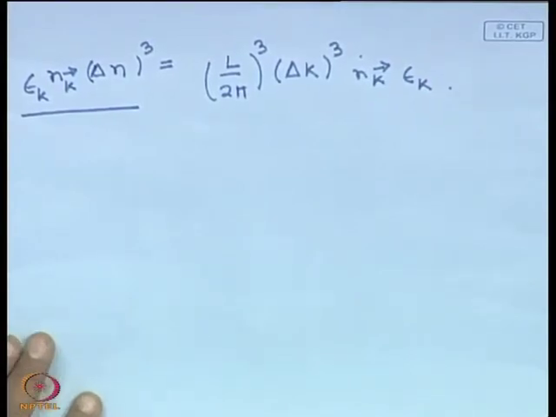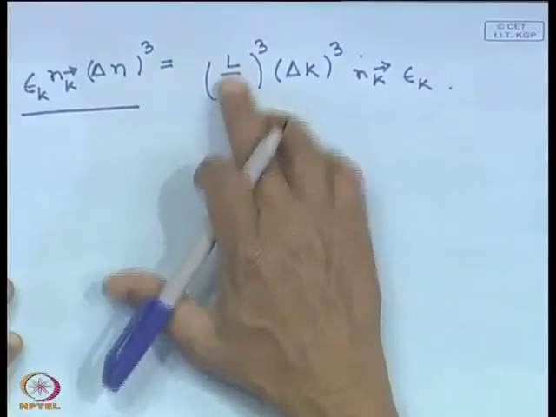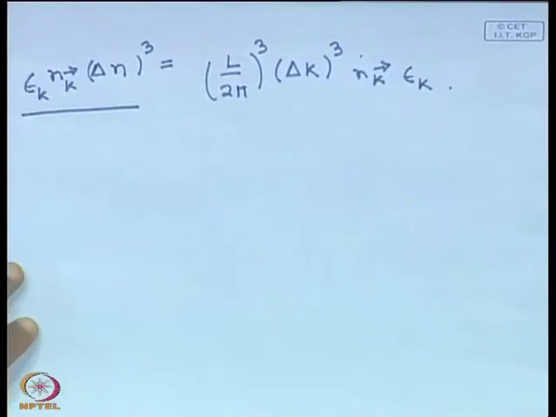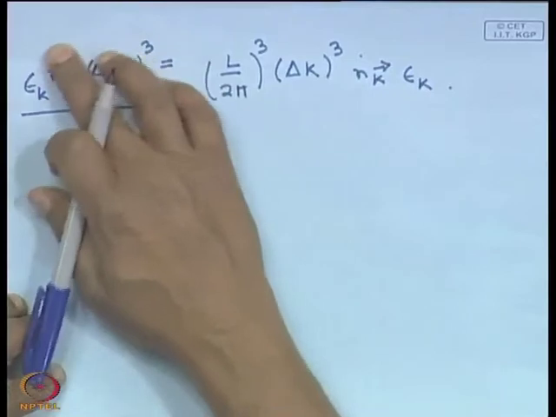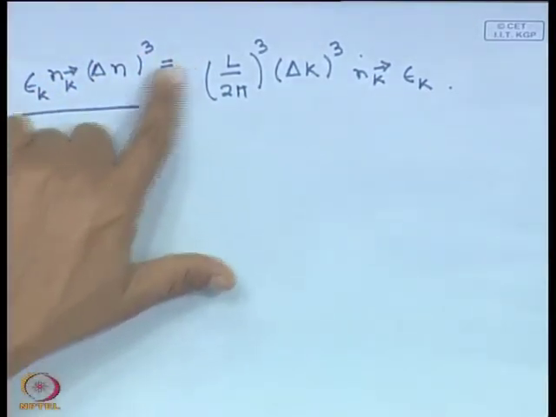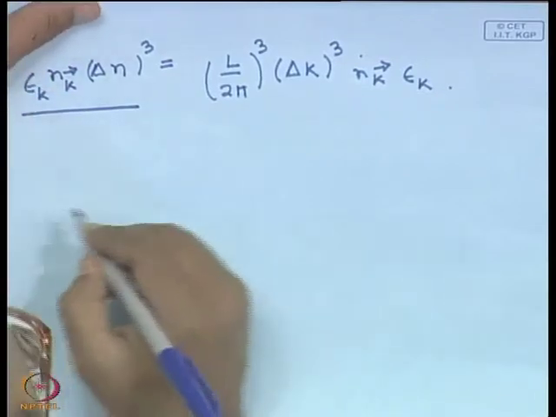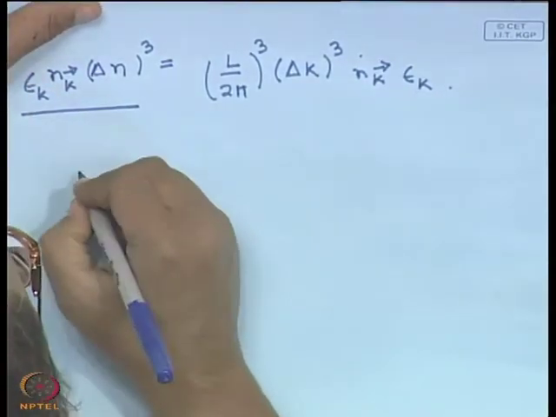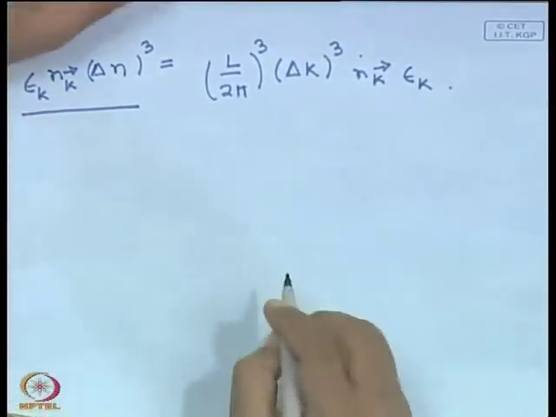Okay. And we are interested in the energy density of the photons that lie in that region of k space. So, if you are interested in the energy density, then you can just divide by this L cube. The energy density of photons that lie in that region of k space, you can write now as, let me write it here.